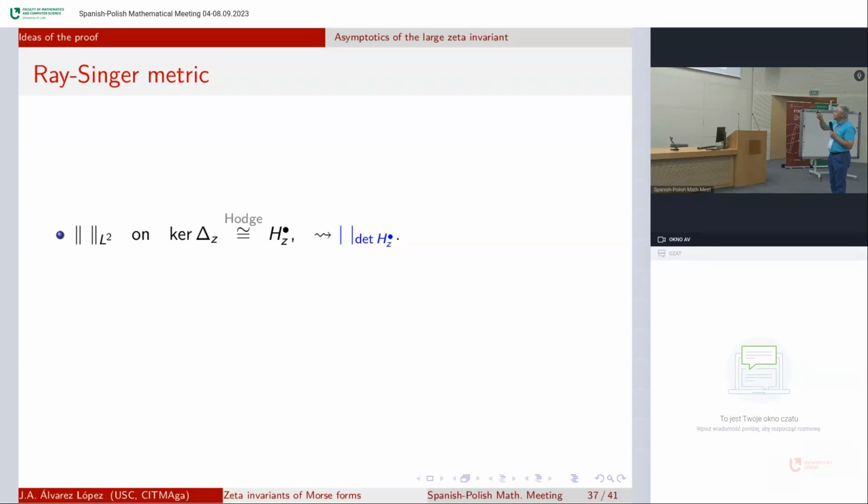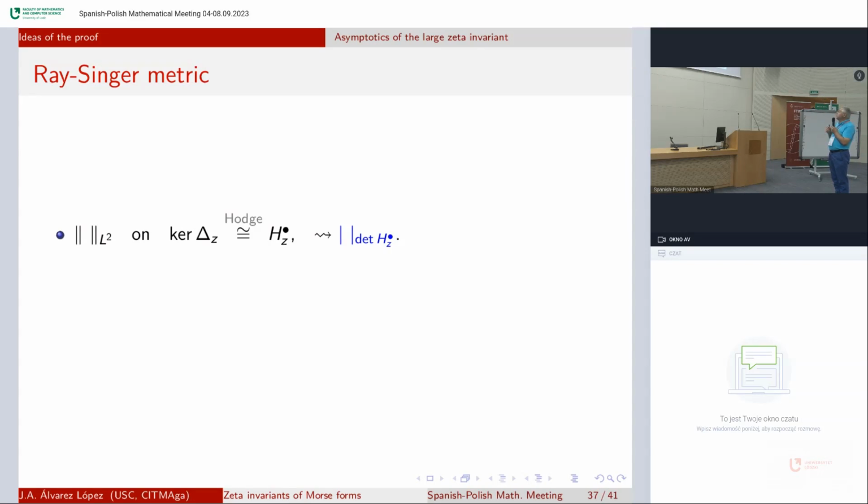So we take the second procedure and we take the L2 norm on the kernel of the twisted Laplacian, which is isomorphic to the twisted cohomology by the Hodge isomorphism. And so we have the corresponding metric or norm on the determinant of the cohomology. The determinant of this twisted cohomology is well defined because it is of finite dimension. So we have this second norm only.